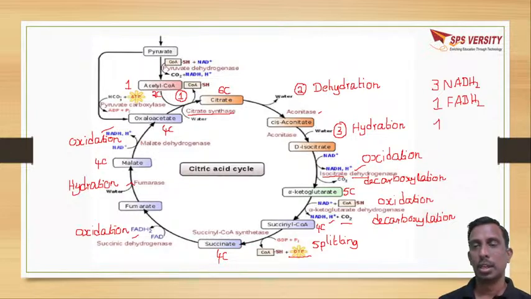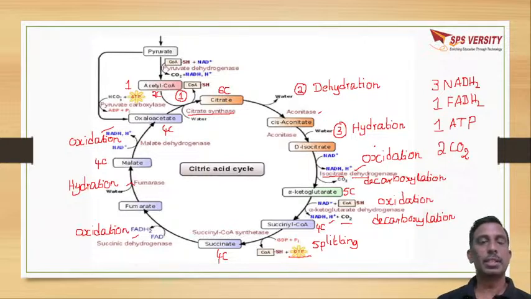This is the final output of energy from the Krebs cycle, और इसके साथ 2 CO2 molecules are released.